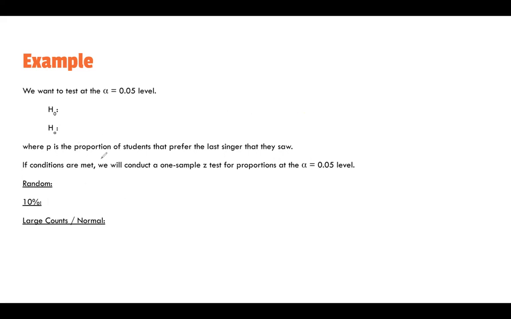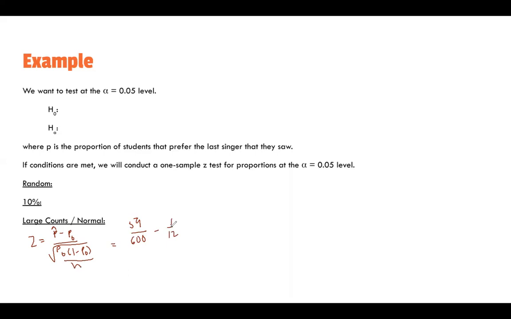Now you write it as you would do it if you were doing it by hand using normal CDF and everything. So z is equal to p hat minus p naught over square root of p naught times 1 minus p naught over n. All right, let's calculate this. P hat is 59 over 600 minus 1/12.